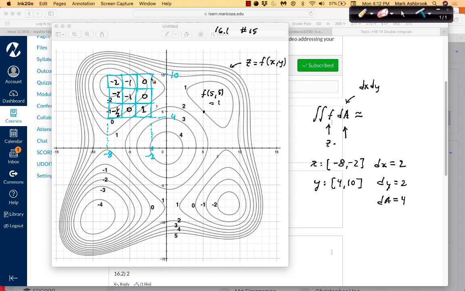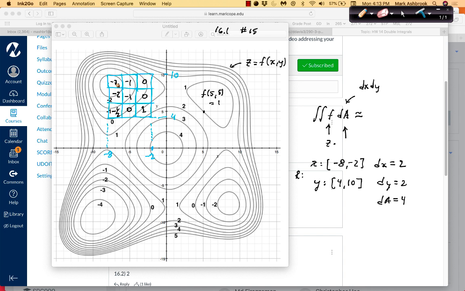To find the estimate for this double integral across this region, where x goes from -8 to -2 and y goes from 4 to 10, so this square right here, the estimate would be -2 times the dA. These are our function values, what I estimated from the contour lines, and my dAs are all 4, 2 by 2.